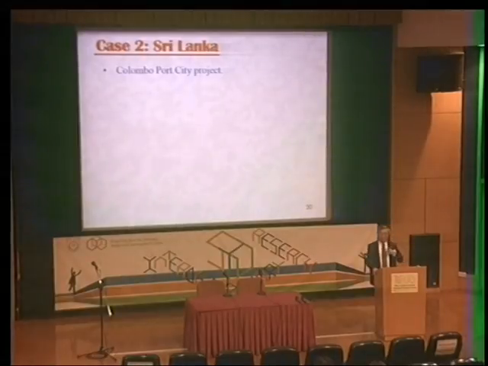Just two weeks ago, the Prime Minister of Sri Lanka came to China and tried to ask forgiveness from China, and also tried to attract investment from China to Sri Lanka. He mentioned that the port city project should be continued, and they have confidence that Colombo would become another Shenzhen.